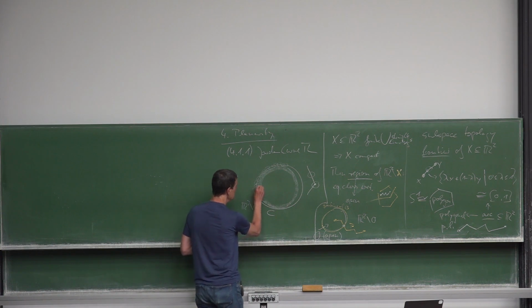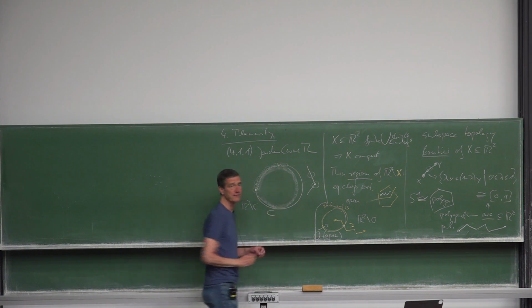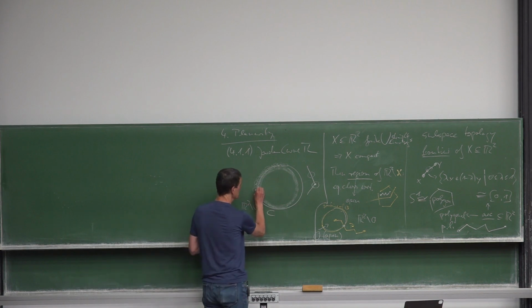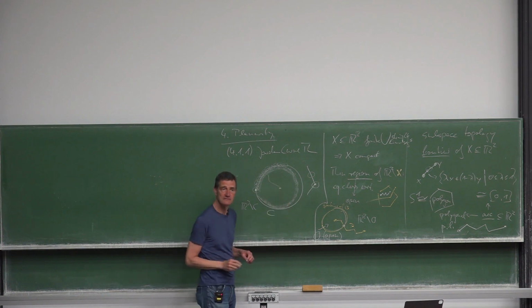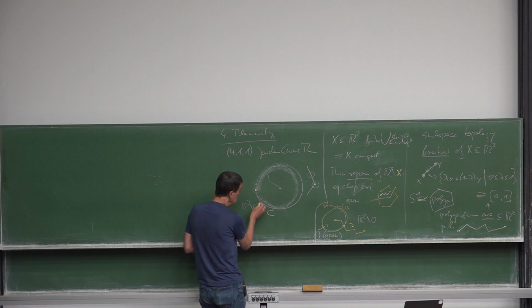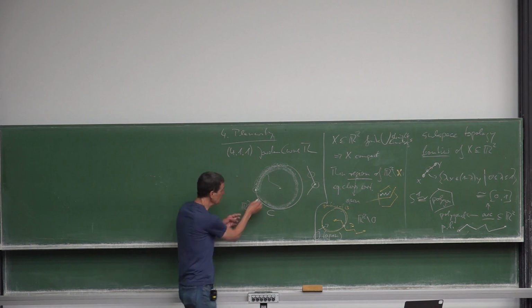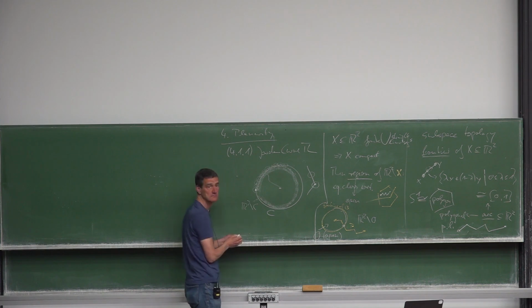And then you can sort of wiggle your way through there by a connecting arc that shows that this point is equivalent to everything here, and from anything in here you can get there as well, unless by some magic you don't arrive here but you arrive there. Then you can't close up.